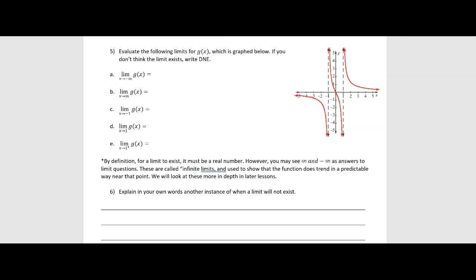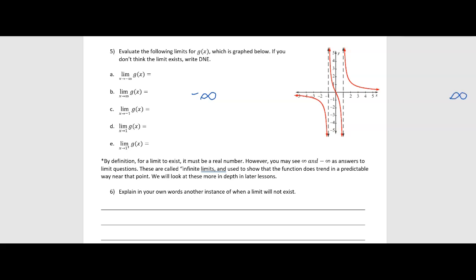So first one says the limit of g of x as x approaches -infinity. So here's the thing. Infinity is not a number. It's an idea. And if we're approaching -infinity, you can only approach it one way. You can only approach it moving to the left. So again, if you think about the x-axis, -infinity is not a number, so you can't place it on the number line.